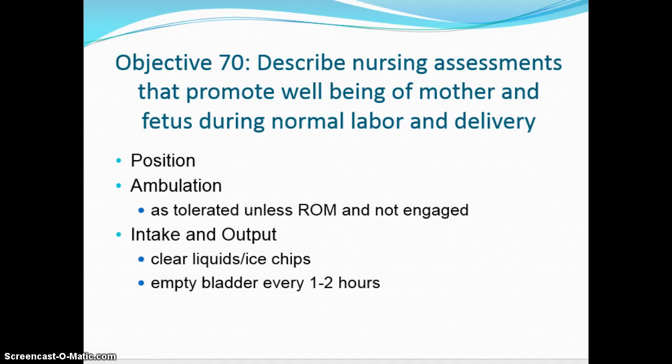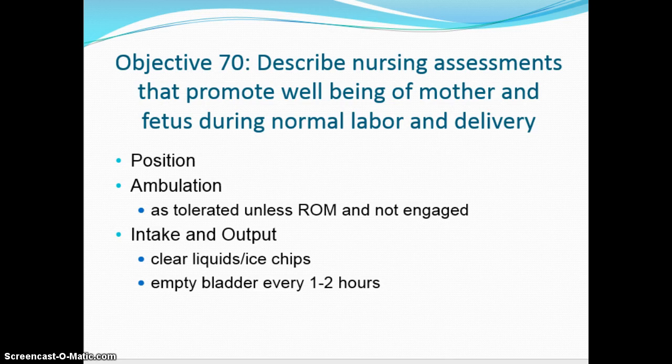So really, if she's on a right lateral or left lateral, semi-Fowler's, high Fowler's, on the ball, ambulating, those types of things. Those things are going to help her feel better because she's going to be able to tolerate labor and delivery better when she's able to move around and not necessarily just lay in the bed and have to feel the contractions and really not be able to do anything about them.